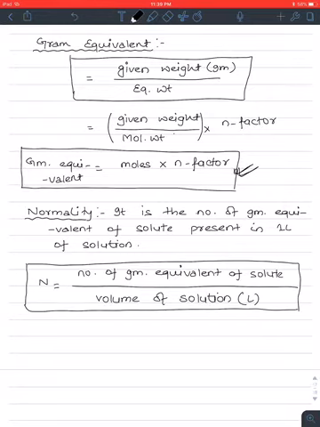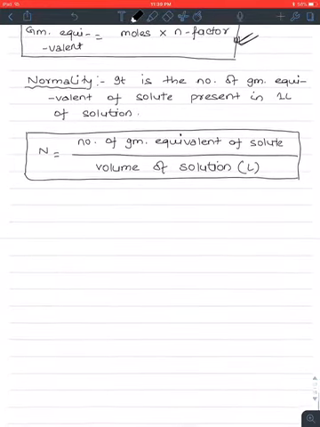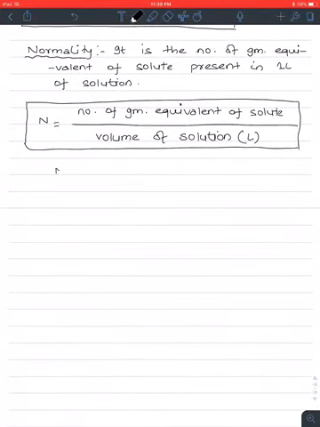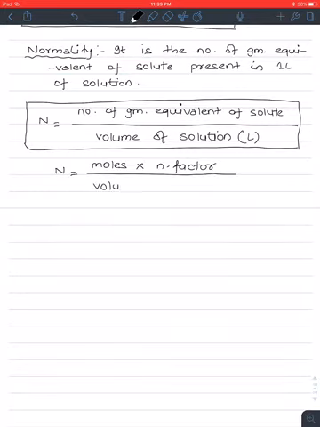Clear? And we have seen above that number of gram equivalent is moles into N factor. So we can also write normality is equal to moles into N factor divided by volume of solution in liters.